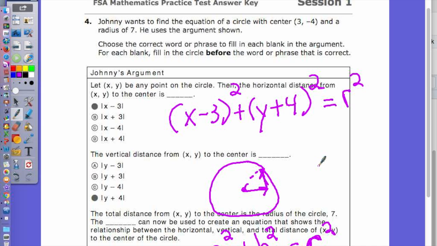Hopefully, given the choices, you would have gotten the Pythagorean theorem because it's not really a perimeter formula. And the quadratic formula has not been an answer all year, has it? No. Even when we used quadratics, we did not use the quadratic formula. We either factored or completed the square.